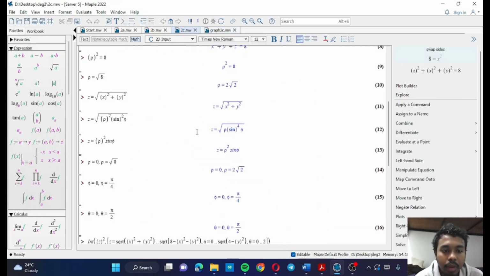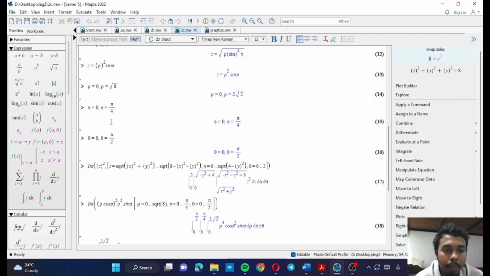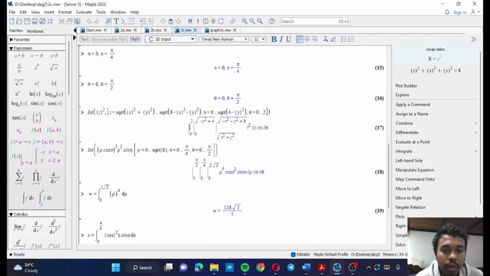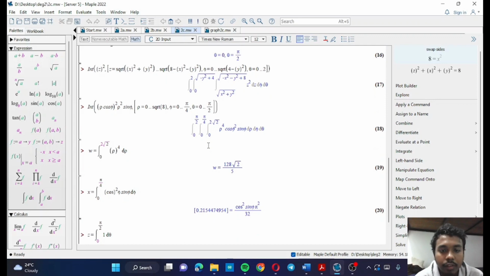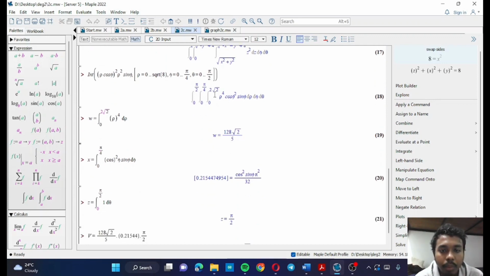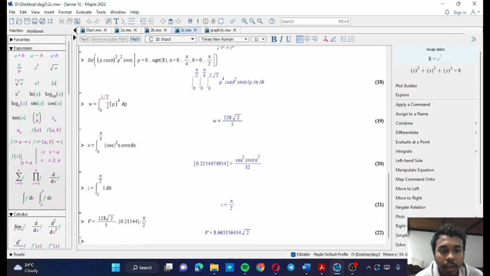And then we know the upper limit and lower limit for phi and theta. So this is the equation that is given. Then I change it to spherical coordinates, and I get like this. Then I find one by one. I find the integral of rho first, and then integral phi, and then integral theta, and then I multiply by w, x, and z.